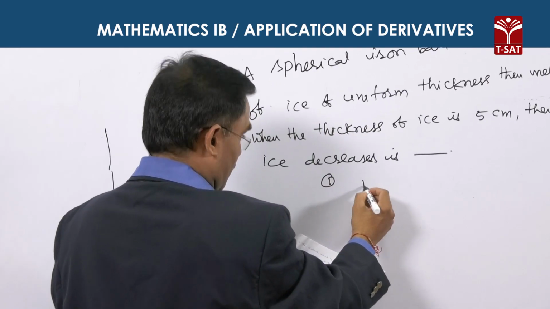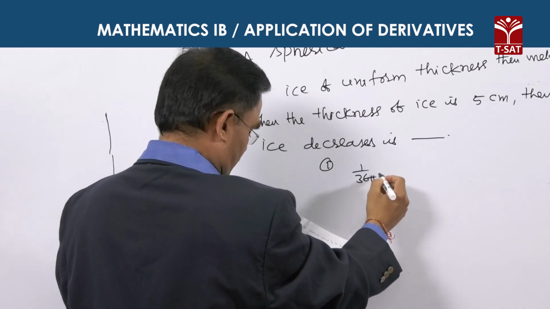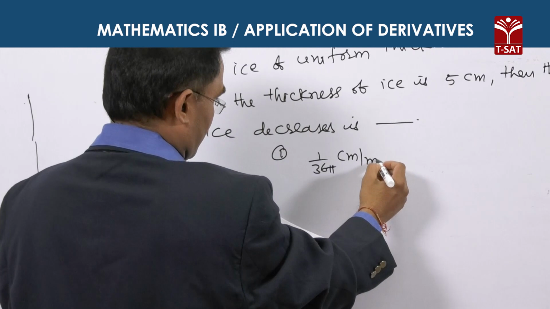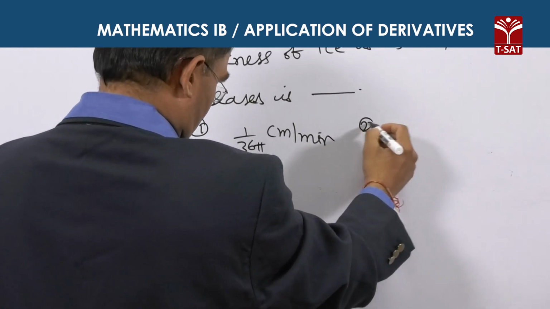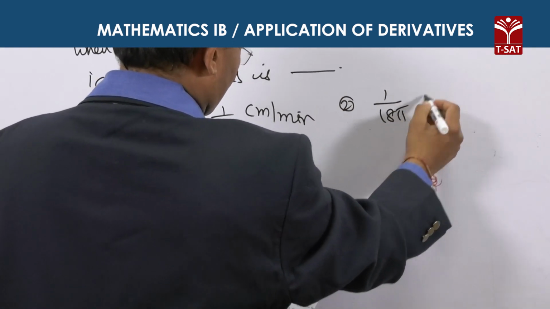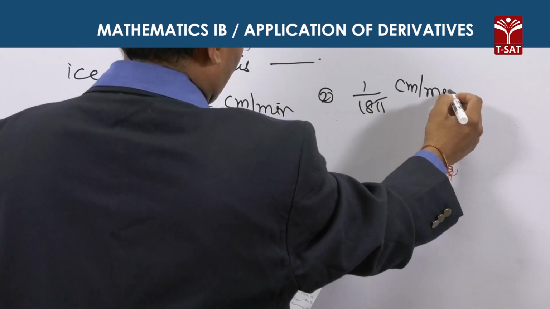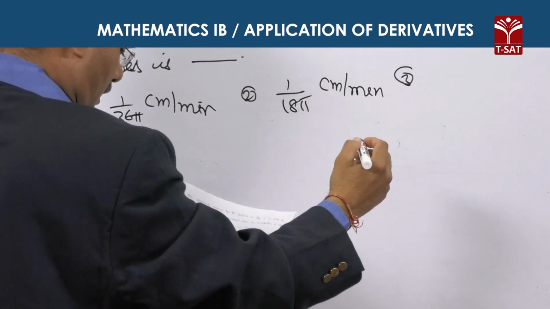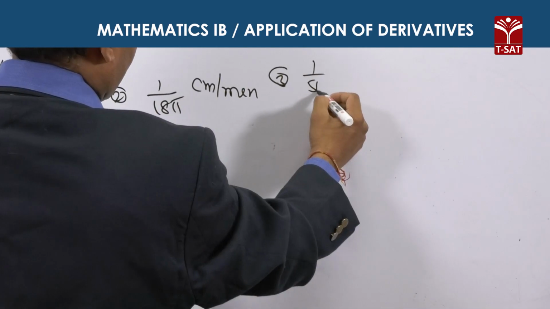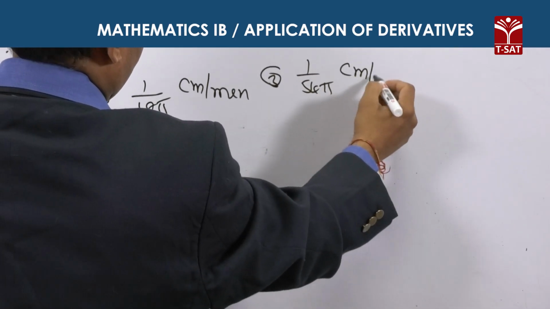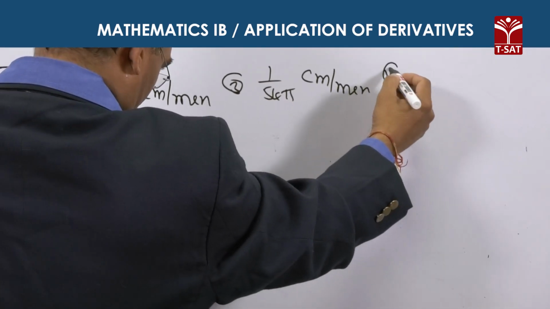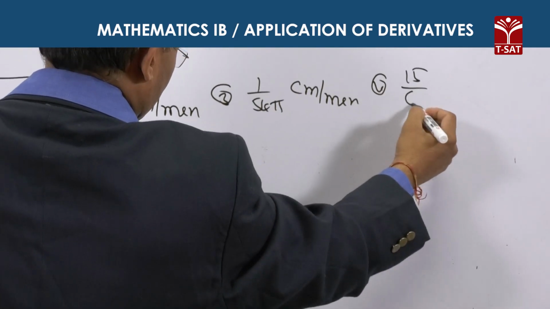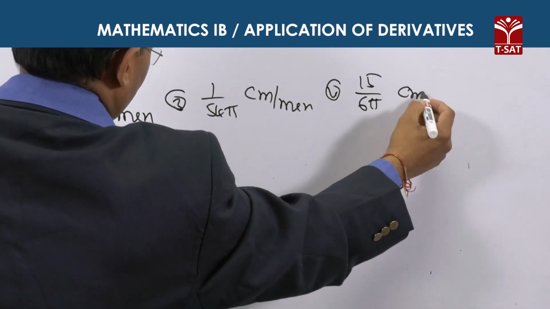First option is 1/36 pi centimeters per minute, and second answer is 1/18 pi centimeter per minute, and the third answer is 1/54 pi centimeter per minute, and the fourth answer is 15/6 pi centimeter per minute.